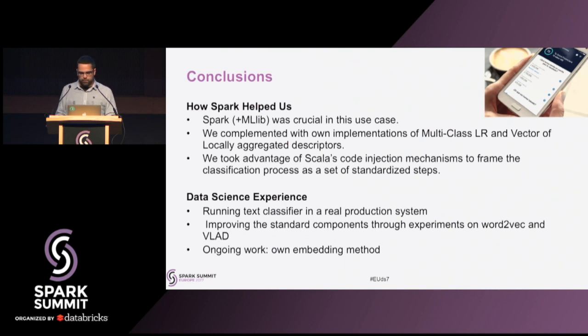So, arriving to the end of the presentation, I hope at this point I've convinced you that Spark helped us in this case, building a text classification system using Spark and MLLib, transferring the results to enable 3 or actually 4 real products that are running in the app of the BBVA. And from the data science point of view, we are happy to have put such a system in production.